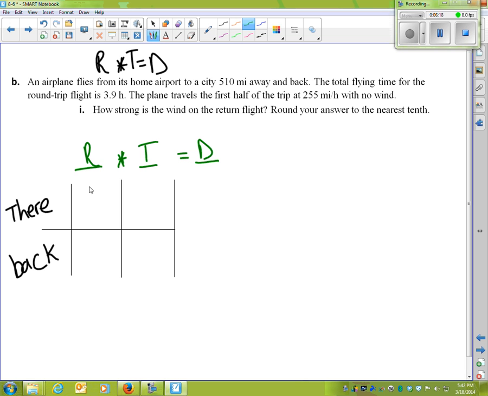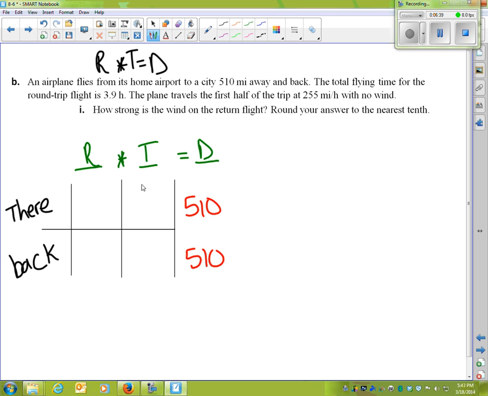Okay, let's fill in the information we've got. Let's see, the distance going there and back is going to be 510 miles. The total flying time for the round trip flight is 3.9 hours.